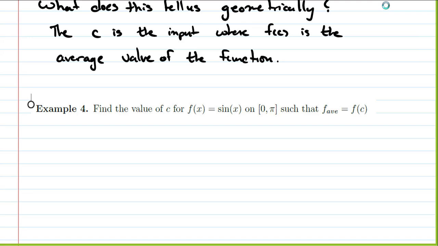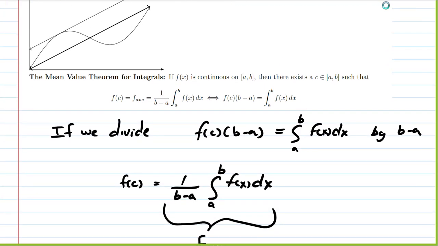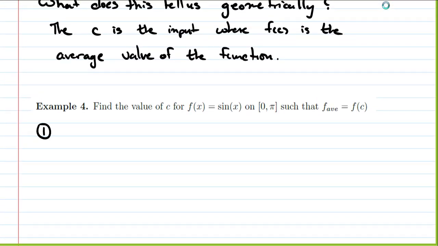So in order to do this, what do we need to find? F average, right? In order to use this formula, we need to know what f average is, and then we're going to set f average equal to the function and solve for the corresponding x value. So the first thing we need to do is find f average.